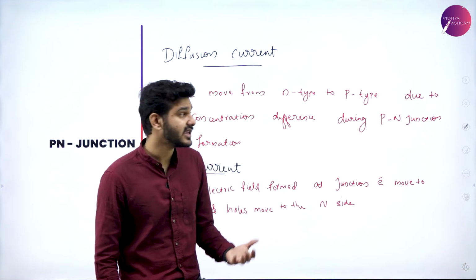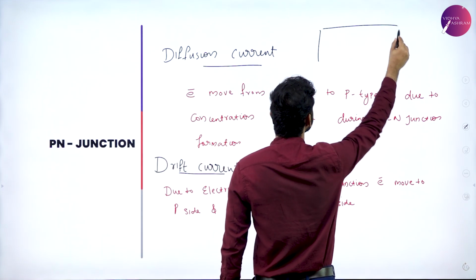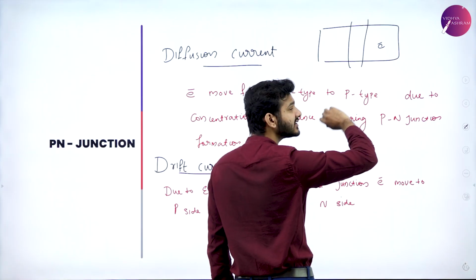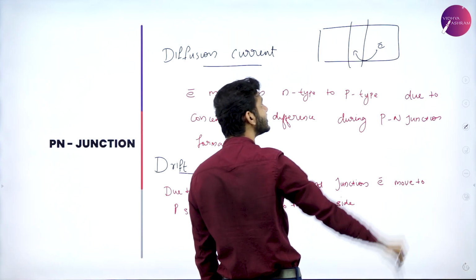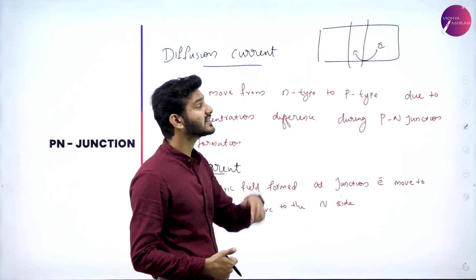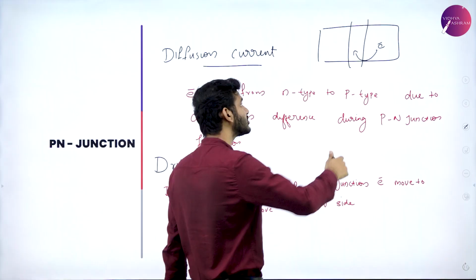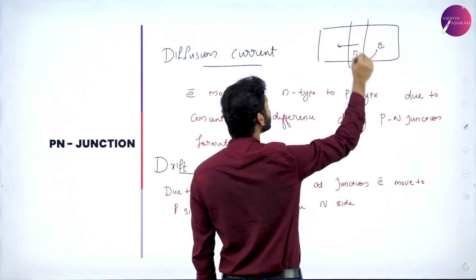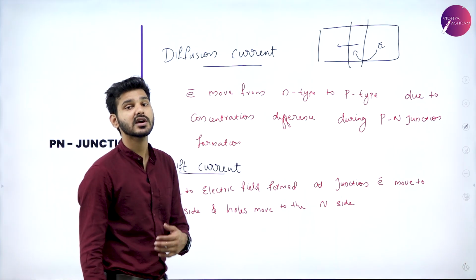If electrons from the n side accidentally cross the barrier potential region and reach the depletion region, due to the electric field, they will be accelerated towards the other side, producing a current.